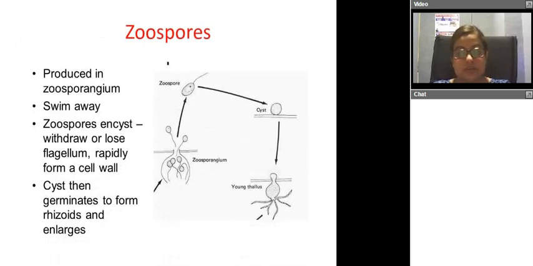This is a zoospore. It has cilia and flagella, so it can move. It is also enclosed in a cyst. This will rapidly form a cyst wall. It germinates to form the rhizoids and then enlarges to form the mature organism.